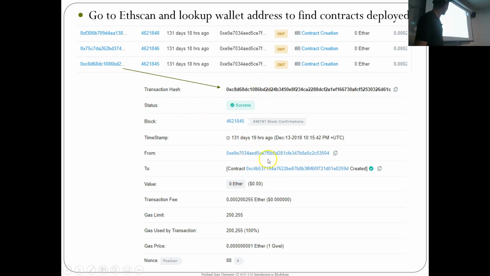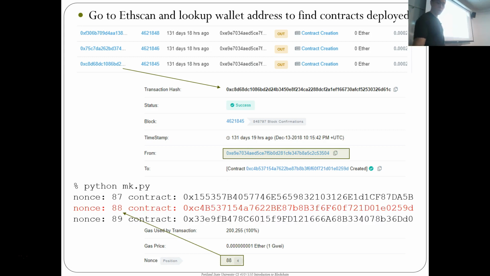If you look down, here's my wallet address, the contract address that got created, and the nonce that created it from my wallet. So my nonce 88 created that contract address. If you go back and look at the output of mk.py, for nonce 88 you get this C4B5371, and that's the actual address that gets created.